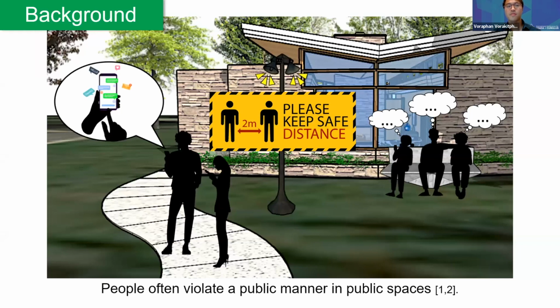In our daily life, we observe that people violate public manners in public spaces. For example, when people are using a smartphone while walking, it reduces their situational awareness. Another scenario is the current COVID-19 pandemic, where people are often unaware of keeping a safe distance.